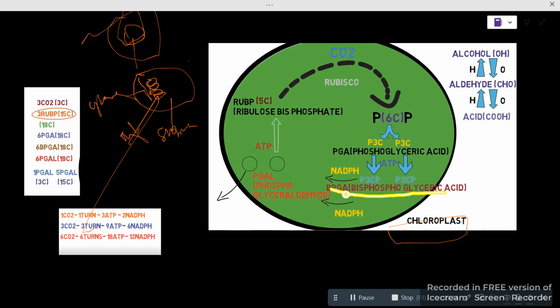Bi simply means 2. So we found 2 NADPH, and then we have PGAL, which is phosphoglyceraldehyde, because when you convert this alcohol, when you do oxidation, the process will give aldehyde, that will be CHO.